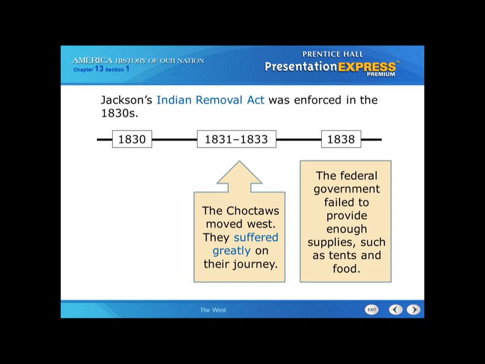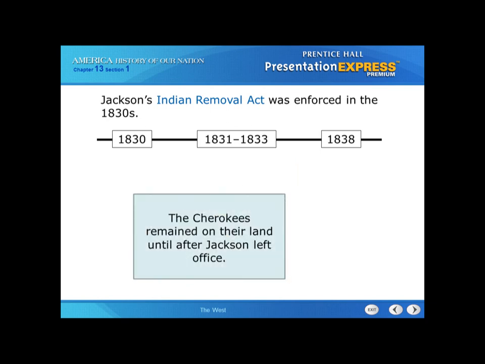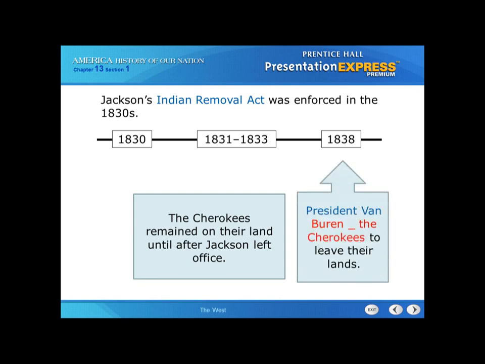The government hadn't provided enough food, etc. The Cherokees remain on their land until after President Jackson left office. President Van Buren, he comes in, and again he forced the Cherokees to leave their lands.